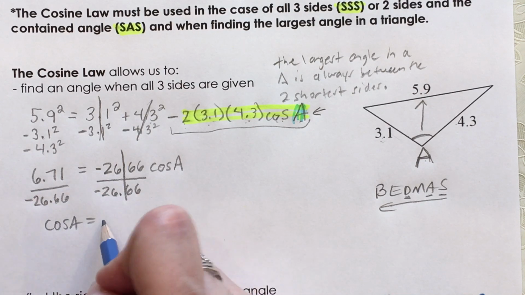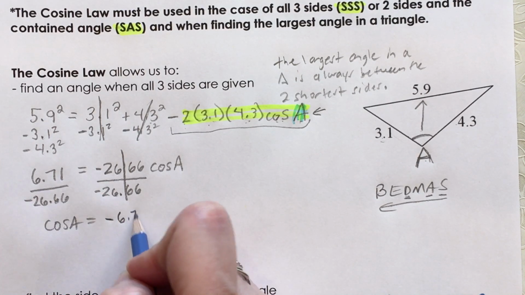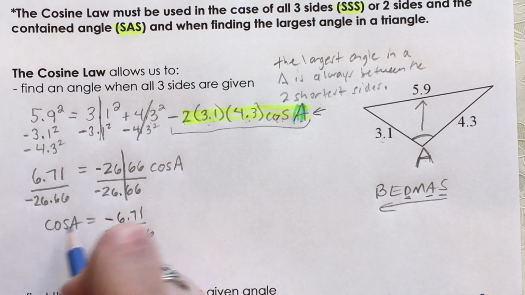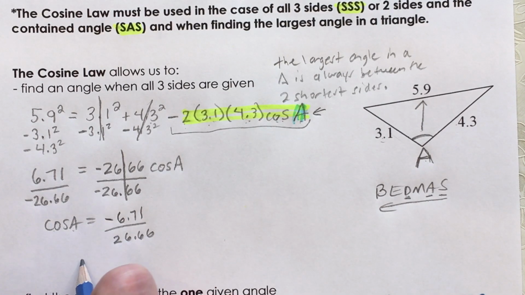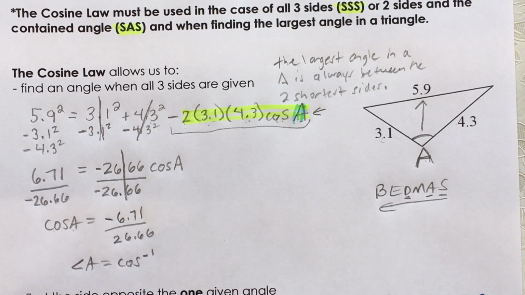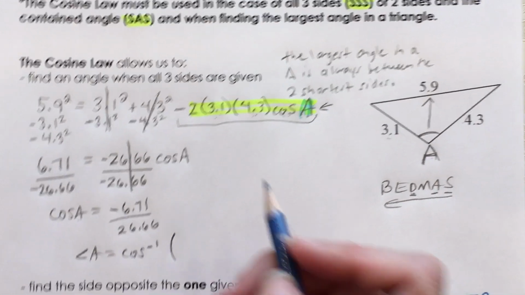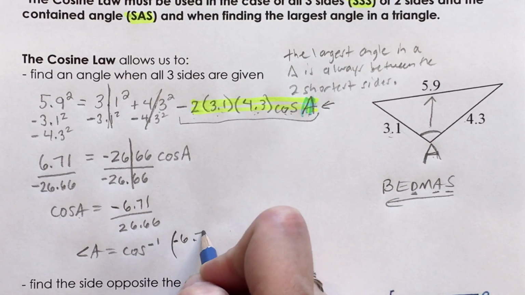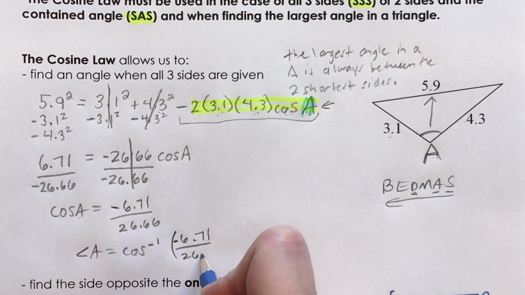And I can move the negative to the top, so negative 6.71 over 26.66. But that's the cosine of angle A. We just want angle A. So angle A is going to be the cos inverse of negative 6.71 divided by 26.66.